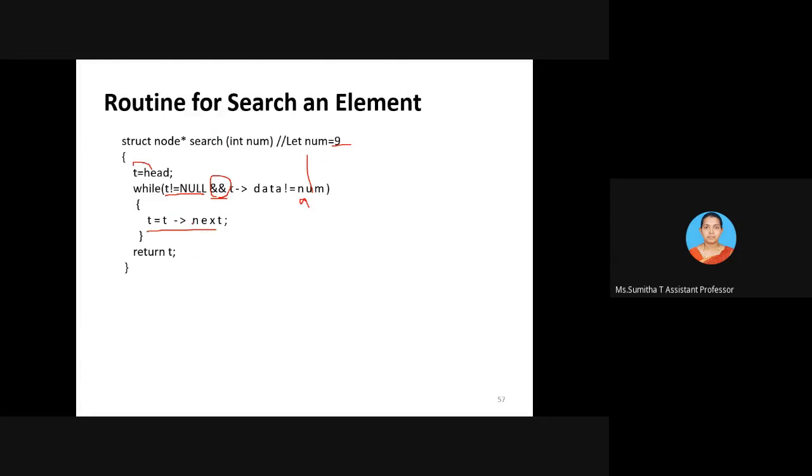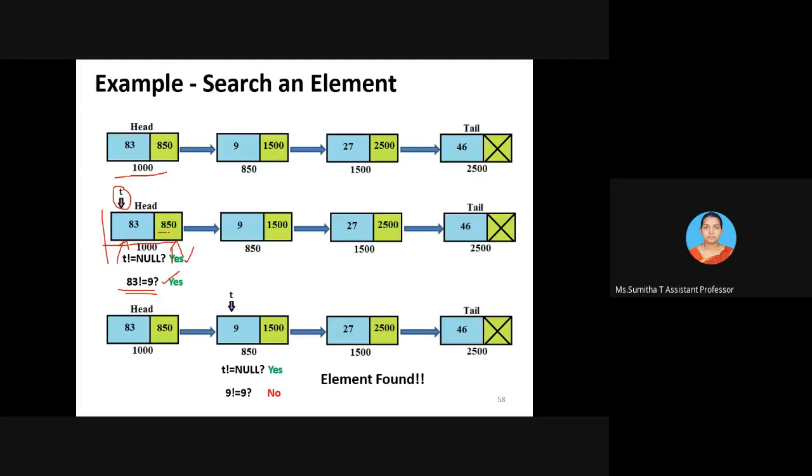This t of next is assigned to t. T of next holds an address position, not a value. This address points to another node, that is the second node. So the second node is assigned to t. Is it clear, everyone?